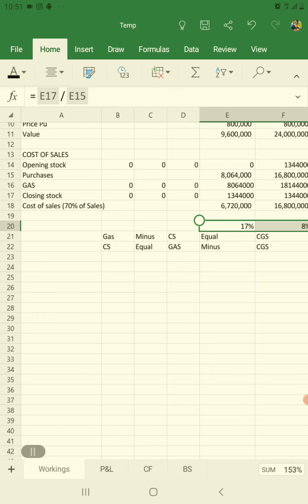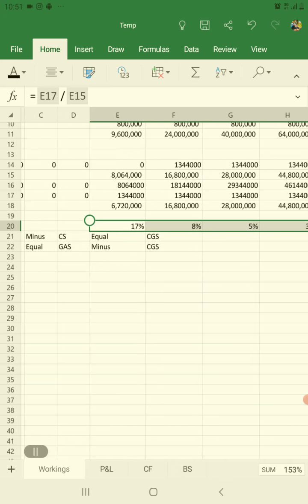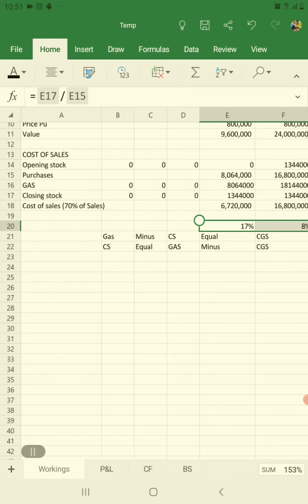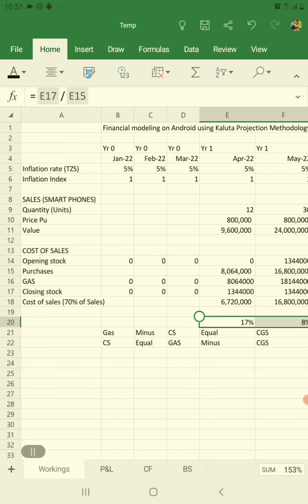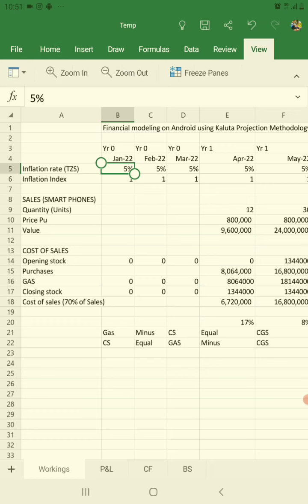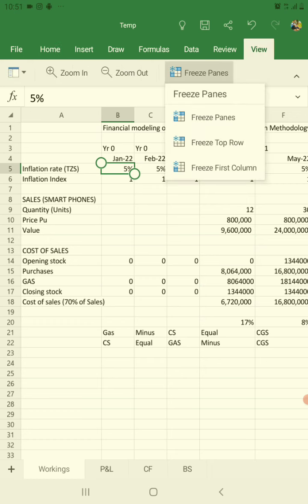So you can see my closing stock figure is always the same. This is not proper because my purchases are determined by my expected sales. Let me freeze the pane here so that I lock the column for particulars and the rows for year and months so that we can easily see what is going on.